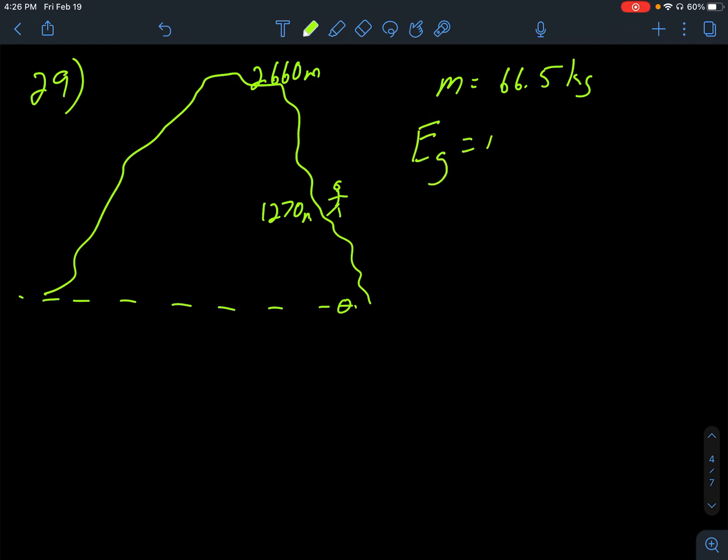So I could do something like this, just to save some time in writing. This will be change in gravitational. Use 10 for G.